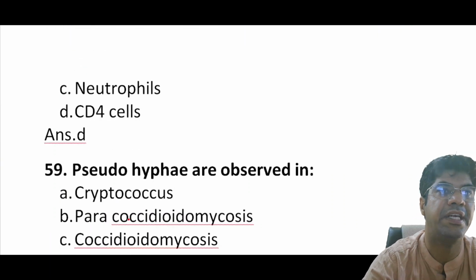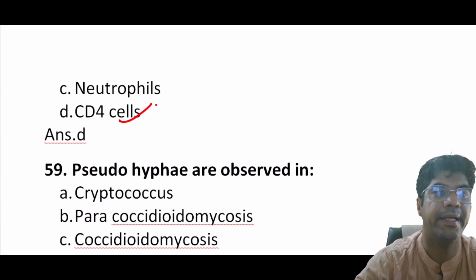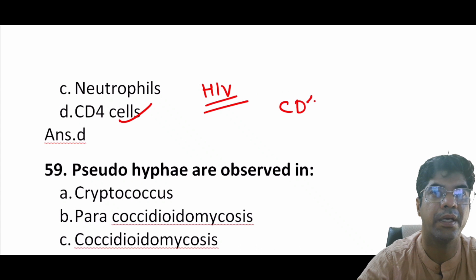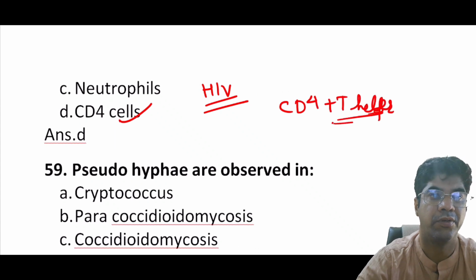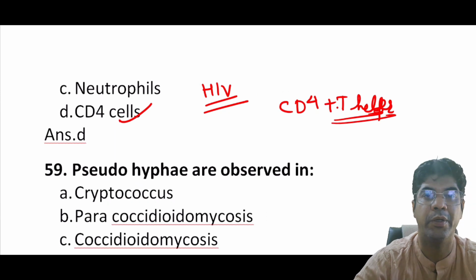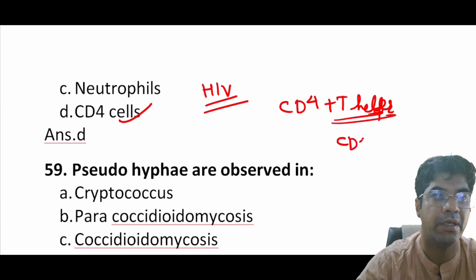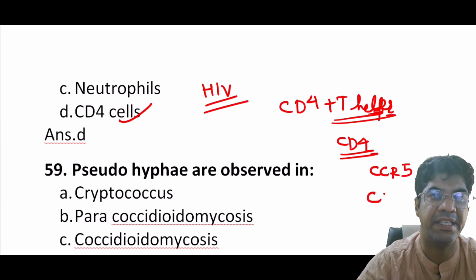Which of the following cells are deficient in AIDS? The answer is CD4 cells. So AIDS, it is caused by human immunodeficiency virus. The primary target is the CD4 T helper cells, by binding to the CD4 molecule and co-receptors, that is CCR5 or CXCR4 on the surface of these cells.